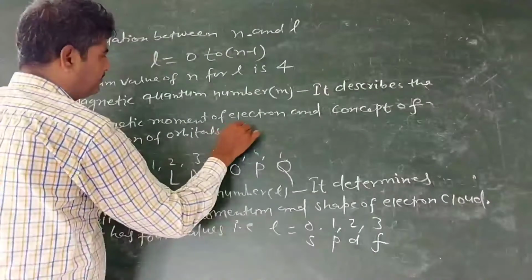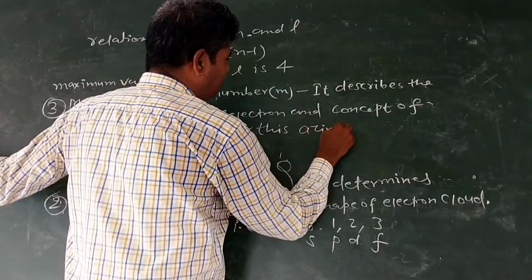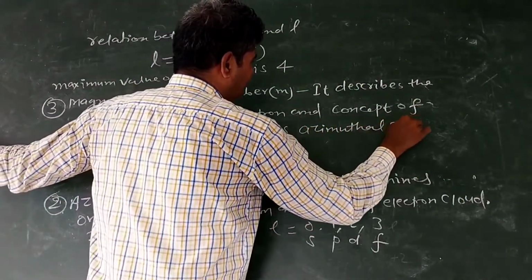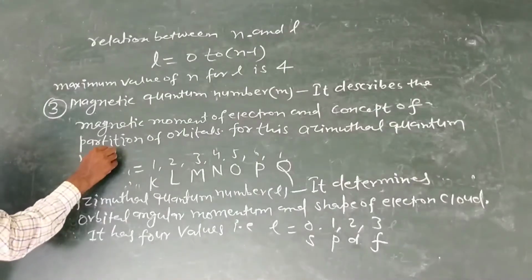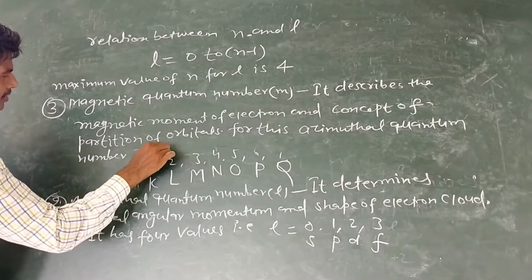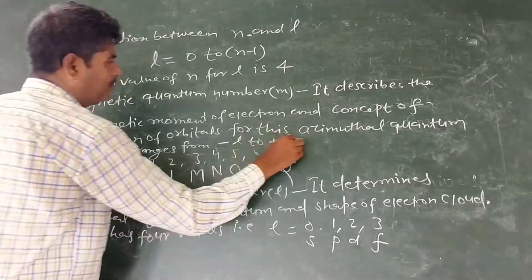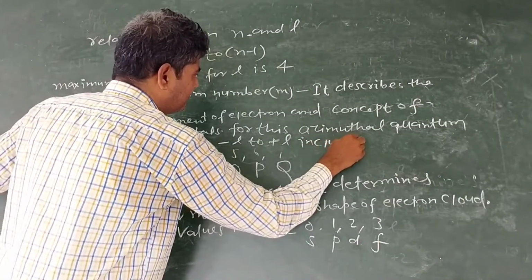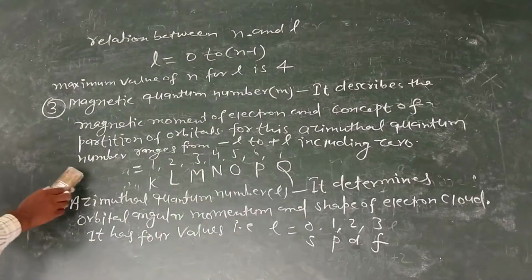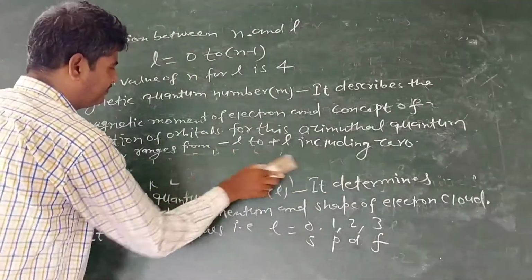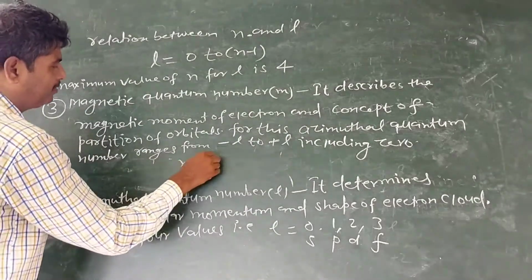For this, the azimuthal quantum number l is used. m ranges from minus l to plus l, including 0. The number of values of m is equal to 2l plus 1.